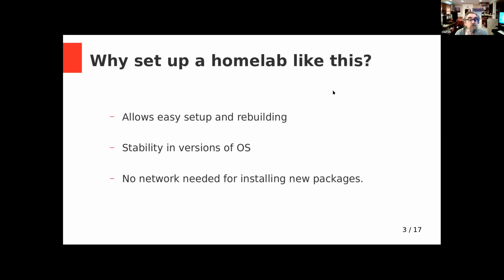It gives us stability in the versions of the operating system. So if you have set up your home lab with a version of CentOS 8.2, you don't have to worry about some of the machines being at 8.2 and some having been updated to 8.3, so your versions are different and things are reacting differently. And I'll explain a little bit about why I set this up like this.